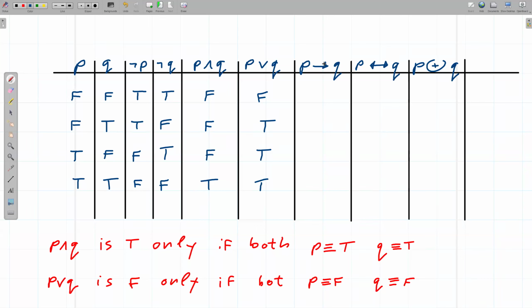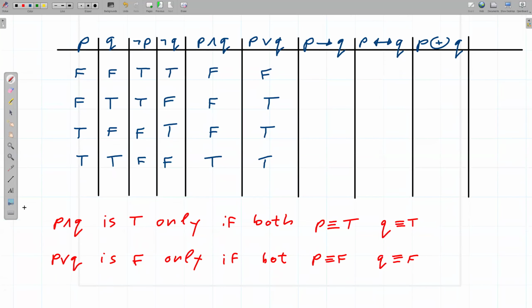What about P implies Q? P implies Q is false only if P is true and Q is false.